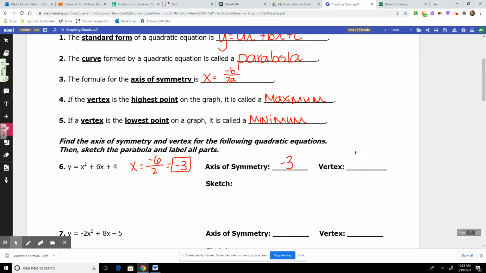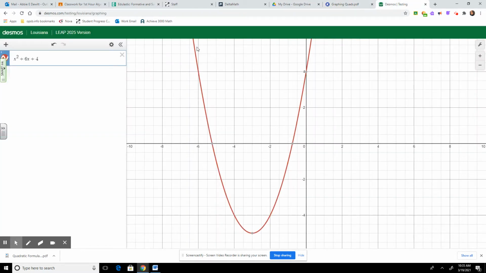The vertex is the point at which the parabola changes direction. So I'm decreasing until I reach this point, and then I begin to increase. My parabola is decreasing, then it changes direction, and I increase. So the vertex is this point, (-3, -5), where the graph changes direction.